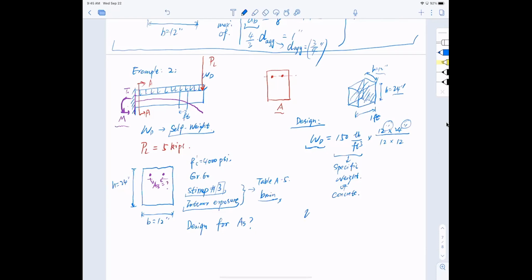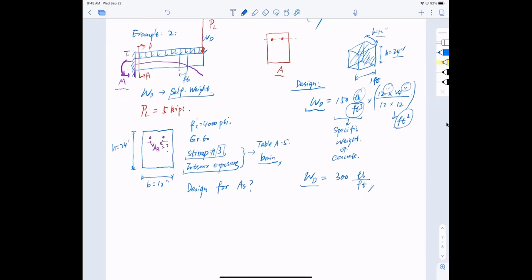That gets me the dead load. After calculation, I got my dead load of 300 pounds. Pay attention: after unit conversion, this thing comes out as foot squared, foot cubed at the bottom, so I left it with a foot at the bottom. Pounds stay the same. So 300 pounds per foot, and that's how I calculate the dead load.